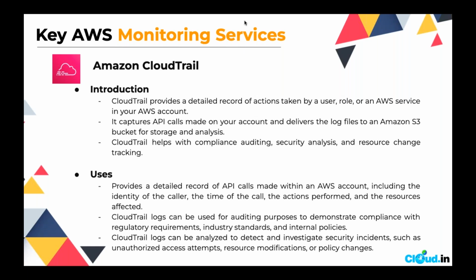Suppose some IAM user has created an instance and done some patching on it. That user information will be stored in the CloudTrail event history. The event history provides a viewable, searchable, and downloadable record for the past 90 days of management events in an AWS region.